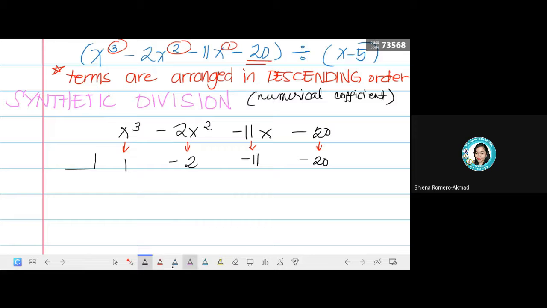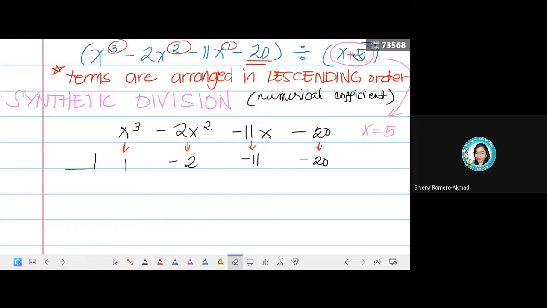But instead of x minus 5, you will get the value of x. So, palatandaan lang dito, kapag negative siya dito or minus siya dito, magiging positive siya. So, x equals positive 5. Kung positive yan, kung plus yan, ang magiging value natin is negative 5.